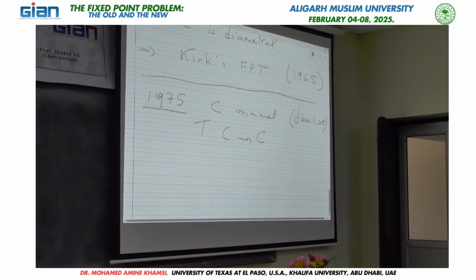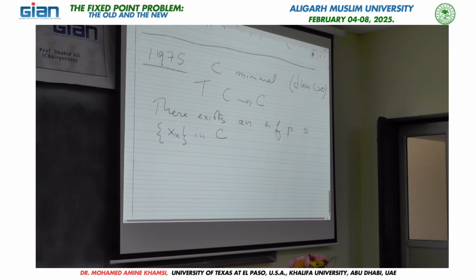So there exists an approximate fixed point sequence x_n in C. What does it mean again? The norm of x_n minus T x_n.